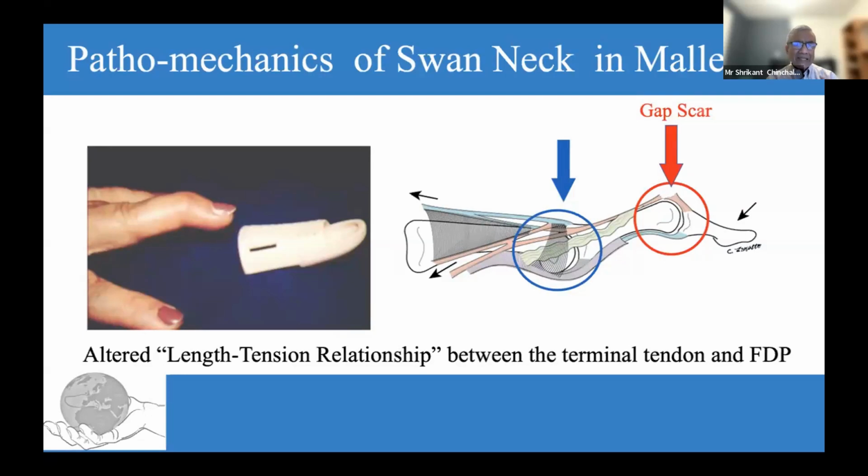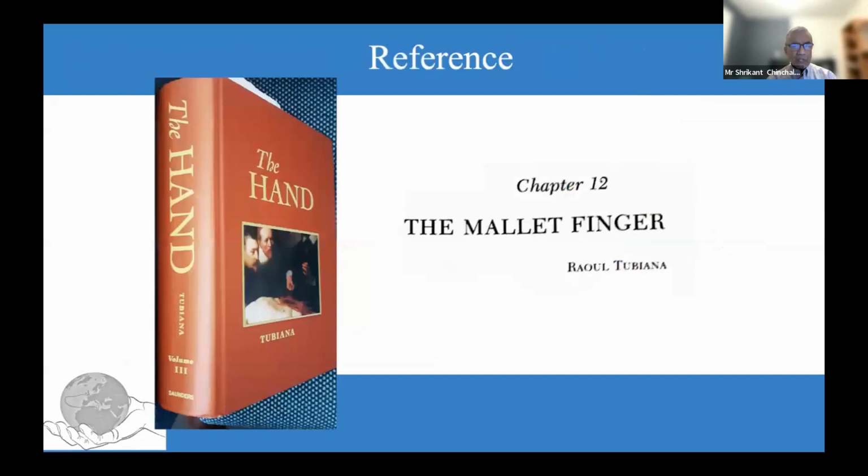The proximal motion of the distal phalanx in a retracted manner produces tension on the lumbrical originating from the flexor digitorum profundus, adding tension at the PIP joint and magnifying the forces there because of the disturbed length-tension relationship between these two tendons. Looking at the reference, Rehabilitation of the Hand, volume 3 by Tubiana, chapter 12 describes this pathomechanics beautifully.